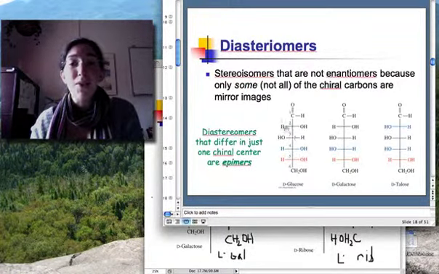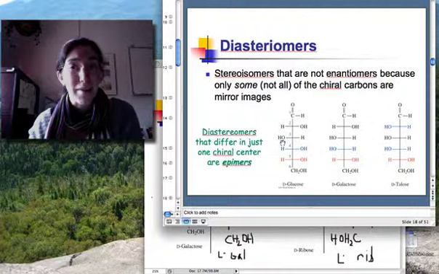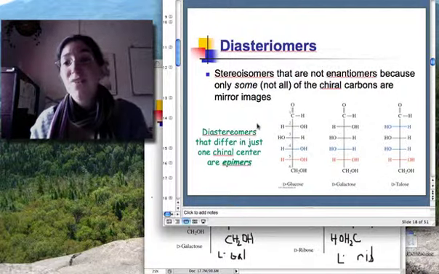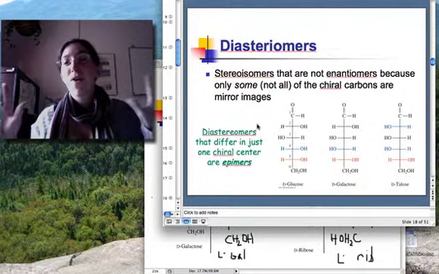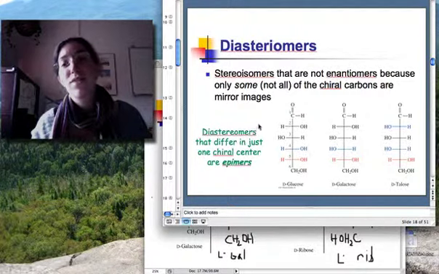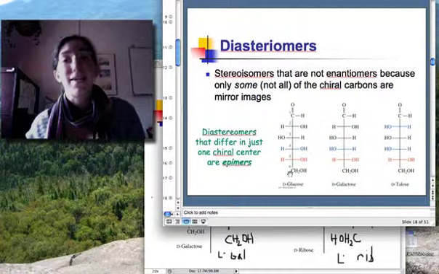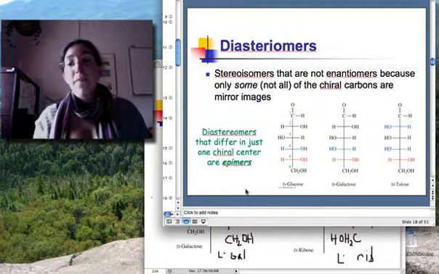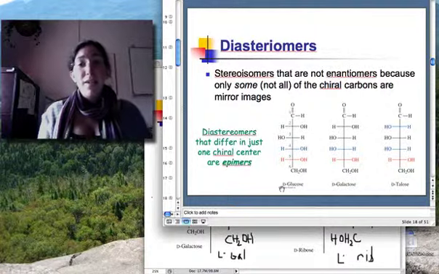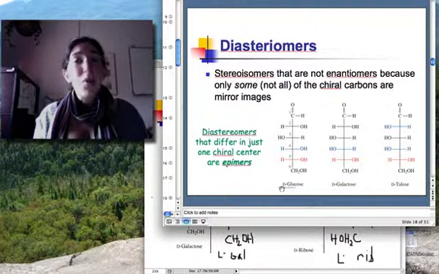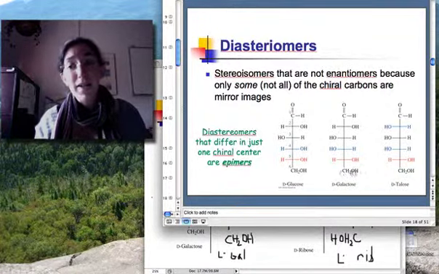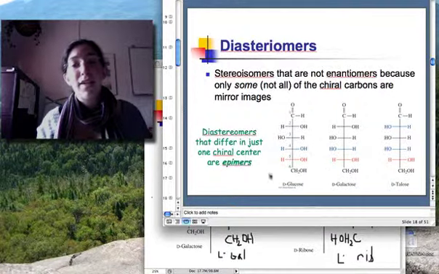But when you have multiple chiral carbons, you can have enantiomers at some chiral carbons, but not at others. So when the whole molecule is not a mirror image, and only certain chiral carbons are mirror images, we call those diastereomers. And if a diastereomer differs in only one chiral carbon, then we call it an epimer.